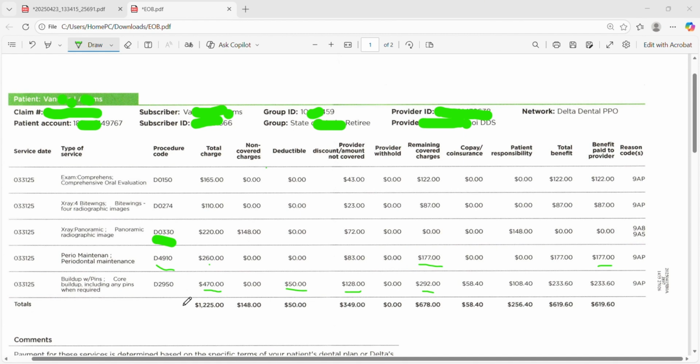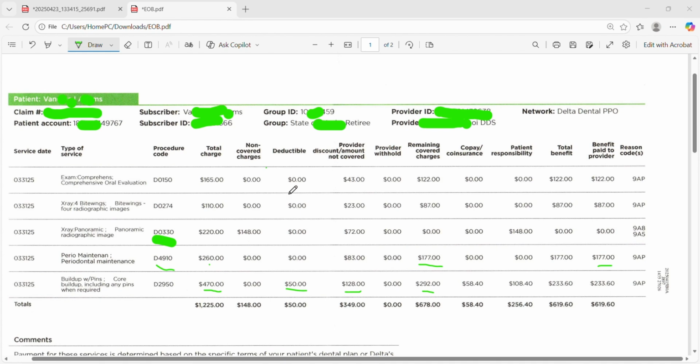Alright, for build-ups, the 250, the total charge or office fee schedule is $470. The provider discount is $128. And as you can see, there is a deductible of $50. So let's calculate the remaining covered charge. $470 minus $128, which is the discount fee, equals $342.